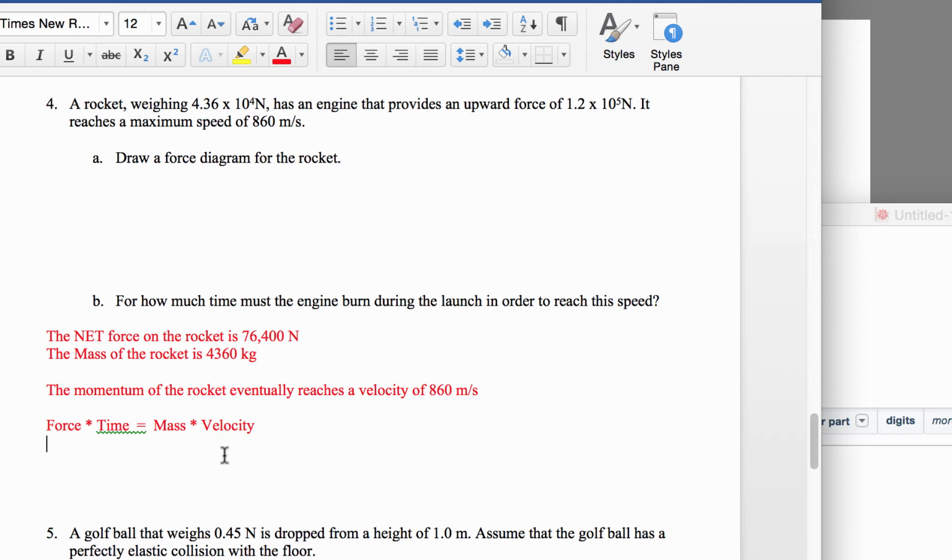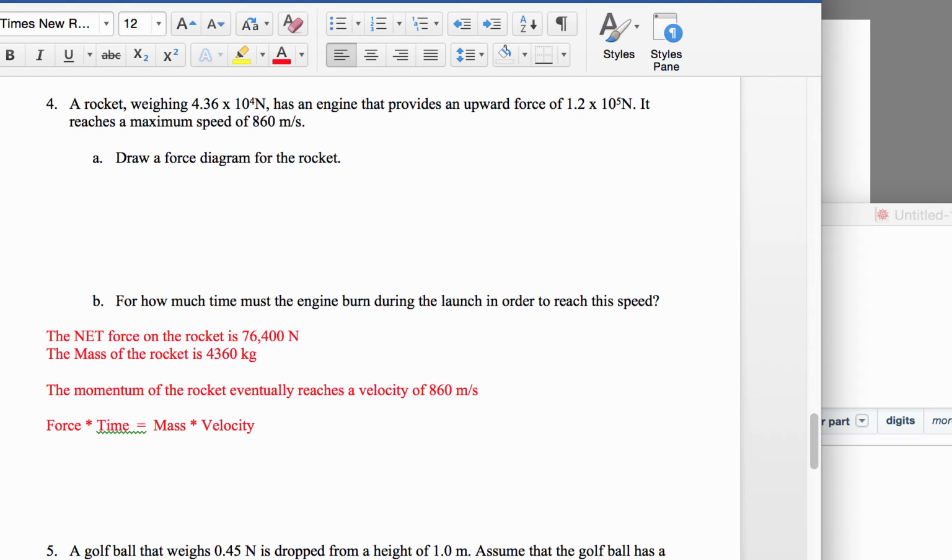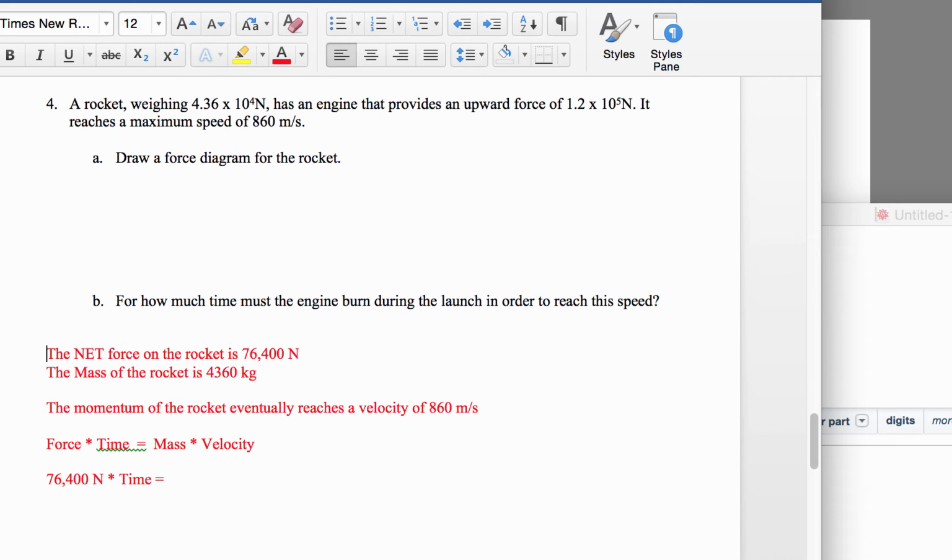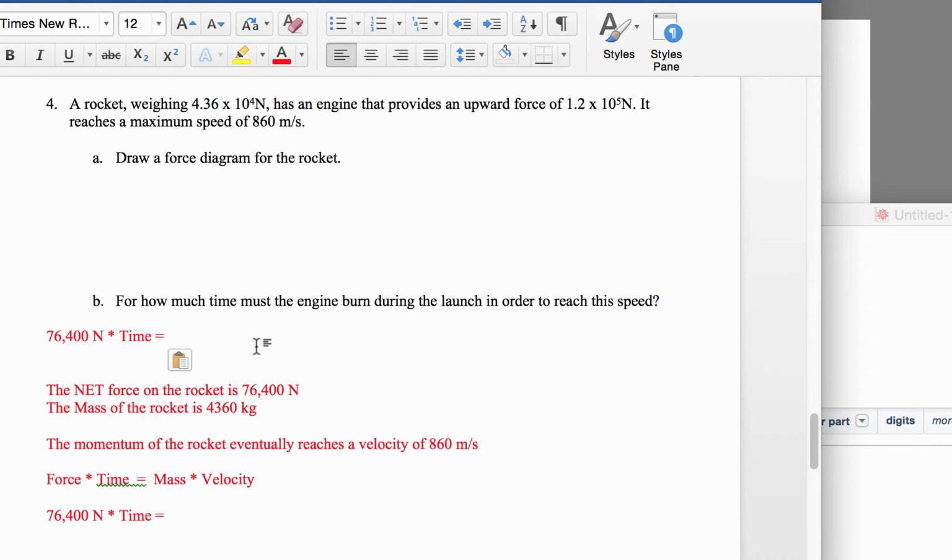So force 76,400 newtons. Our time, we don't know. That's what we're solving for. Do we know the mass of the rocket? Yeah, we do. Maybe this was the first thing you should have written down, that we've got some force times time equals the mass. Do we know the mass of the rocket? Well, we didn't, but then we figured it out. It's 4,360 kilograms.